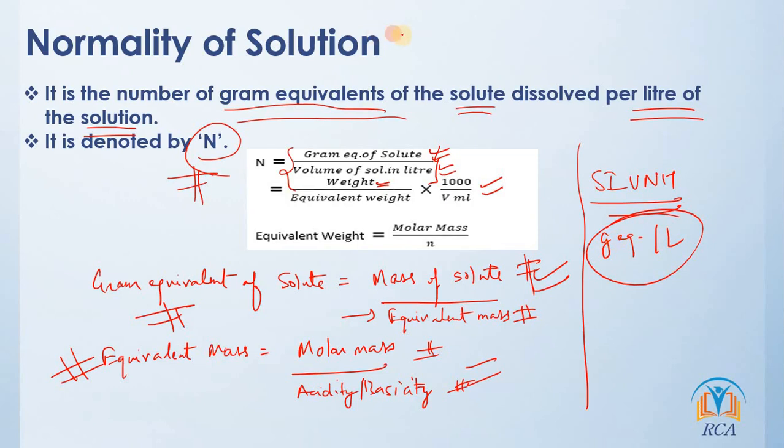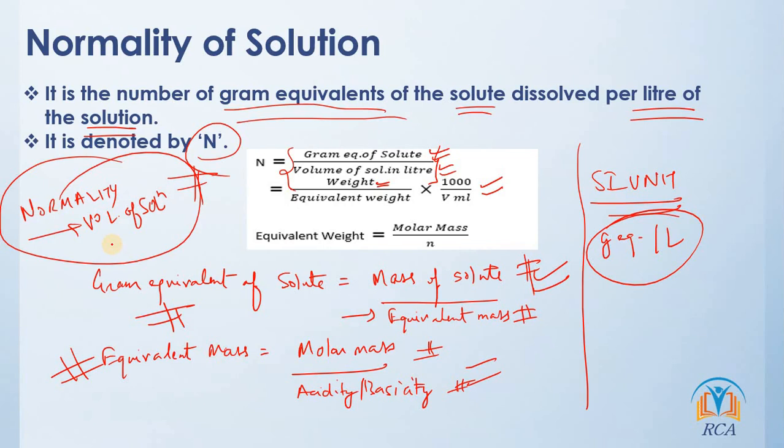Now again, normality depends upon what? It depends upon the volume of solution. And if it depends upon the volume of solution, it will change with temperature, because as the temperature changes, there will be expansion or contraction of the liquid, which will change the normality of the solution.